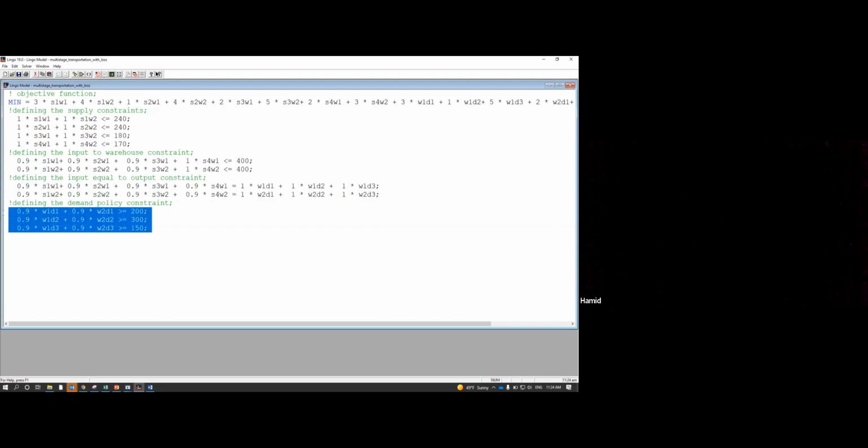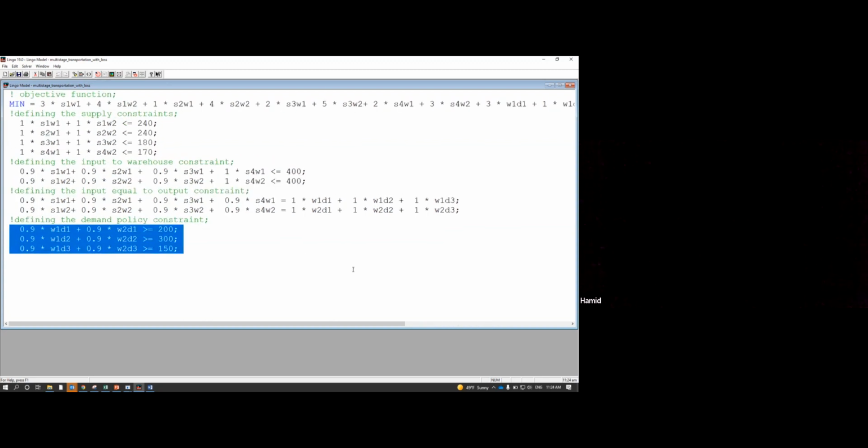If you look at the last part, here we again have a coefficient of 0.9, because we have loss in transportation, and whatever comes to the first demand point, either from the first warehouse or the second warehouse, should face a 10% loss.